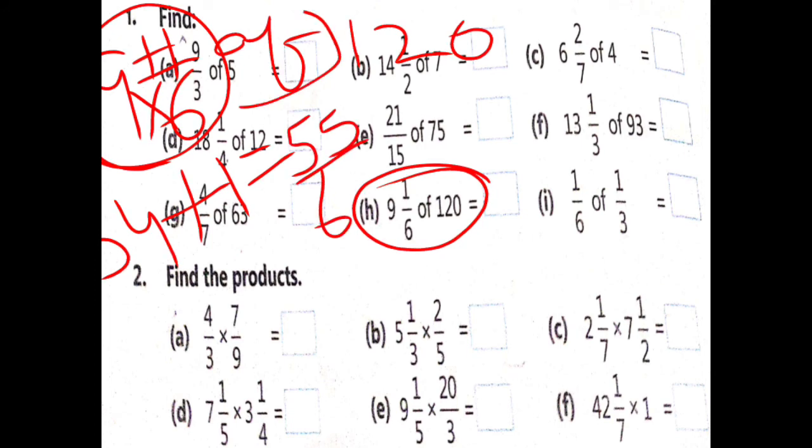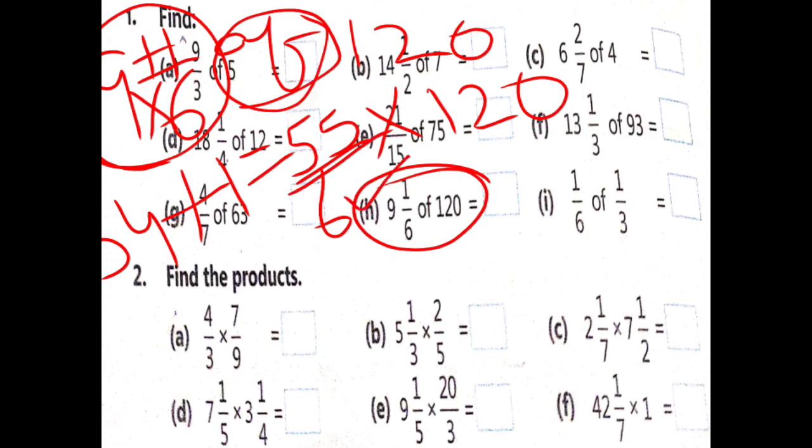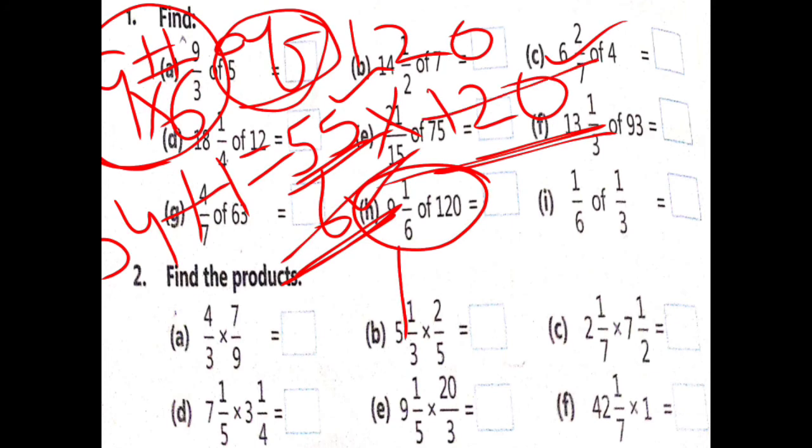And we convert this "of" into multiply, and directly write here 120. As you can see, downside we have the term 6 and upside we have two terms, 55 and 120. 55 is not divisible by 6, only 120 is divisible by 6. So we cut: 6 ones are 6 and 6 twos are 12, and you get 20, because the 0 we write as it is.